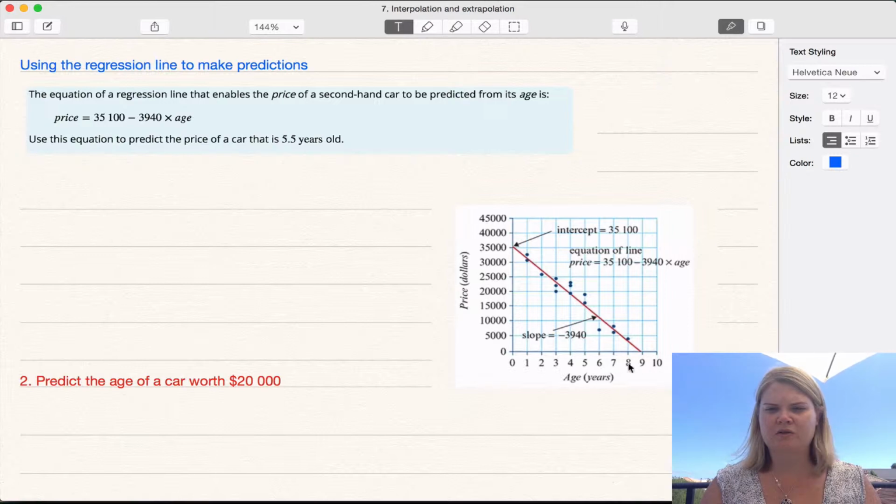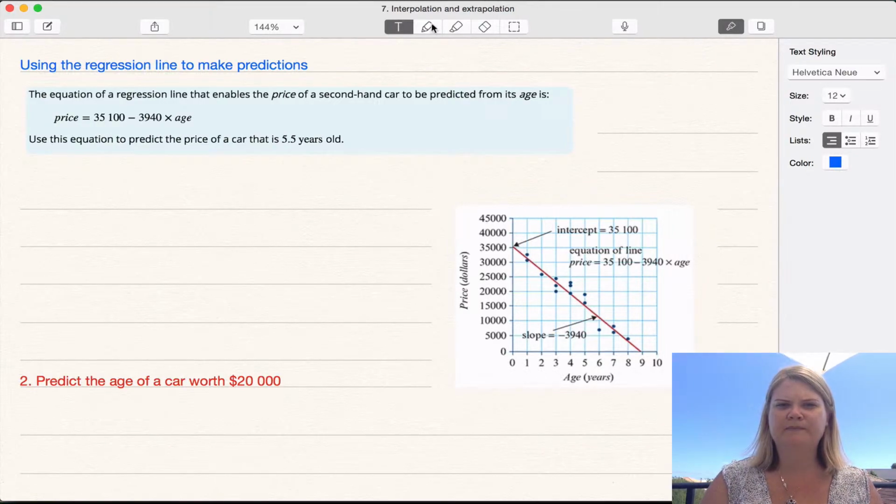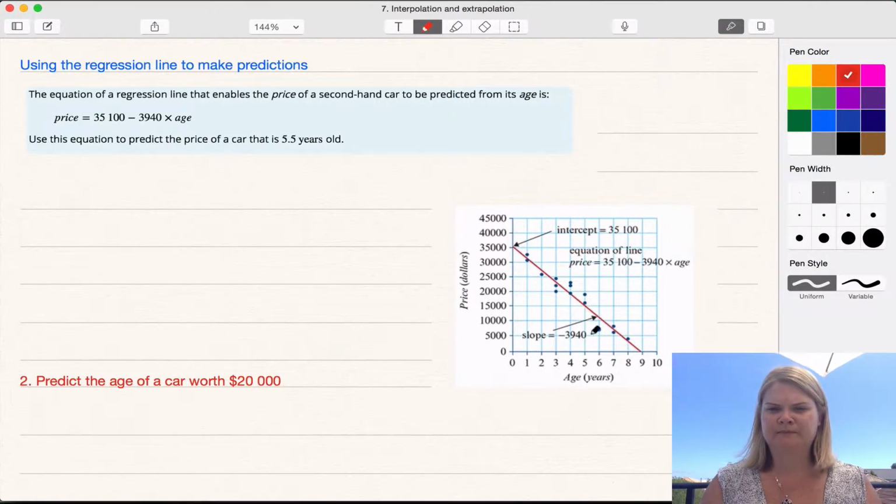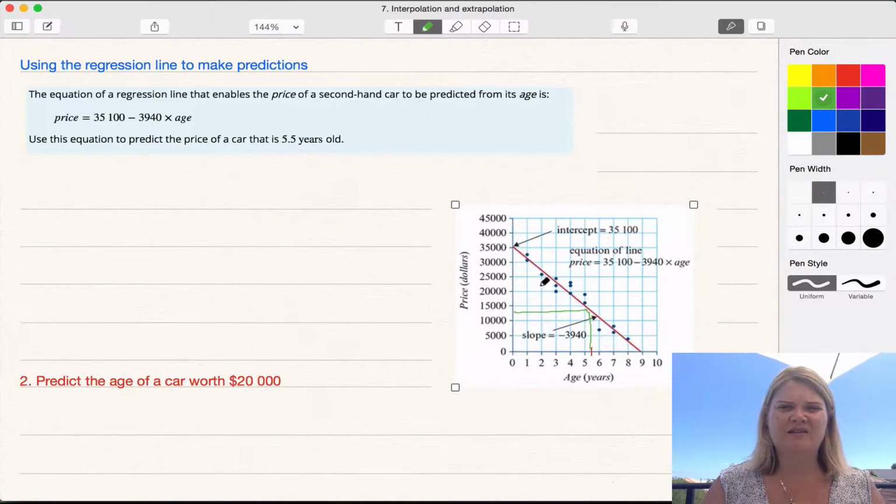So we need to go to 5.5 years, which would be about here, and we can go up to the regression line and across to predict the value. So one way you can do it is by reading it off the graph. It's not a very accurate method.